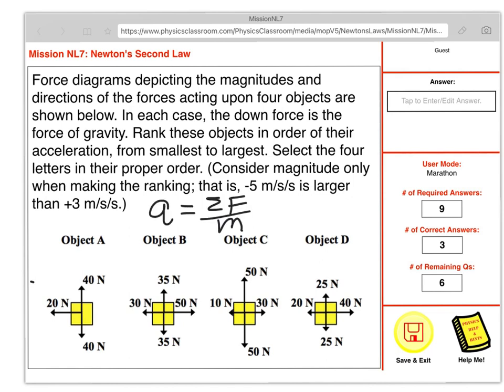So once again, we're ranking accelerations and considering only magnitude, and we're going from smallest to largest. But now we have different gravitational forces, so we have different masses. So just use 10. If you divide this by 10, you get a mass of 5.